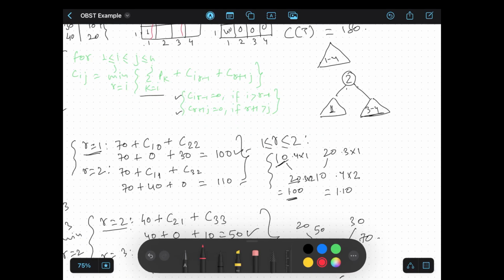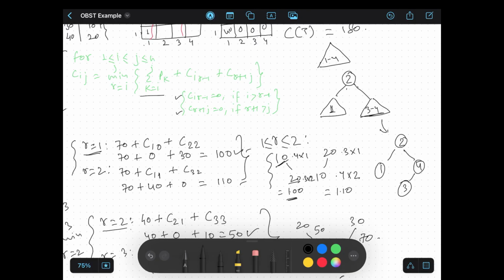So if 4 is the root, and we get 2 from the table for 3, 4, then 3 is going to come here. And this is our final optimal tree.